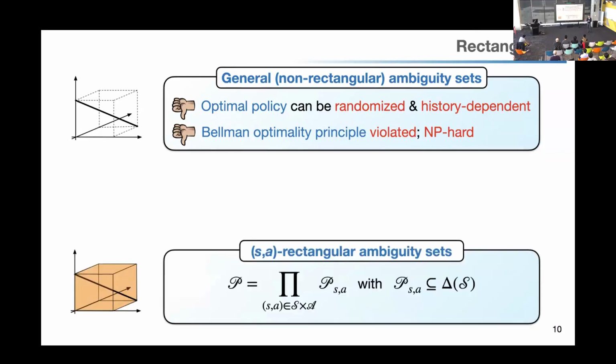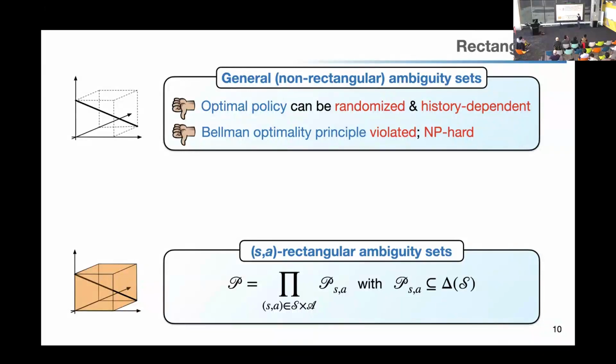So because of that, people have already, starting from the 70s, looked at special classes of ambiguity sets with properties that bring them closer to traditional non-robust Markov decision processes. And by far the most popular class of such ambiguity sets is the class of SA rectangular ambiguity sets.